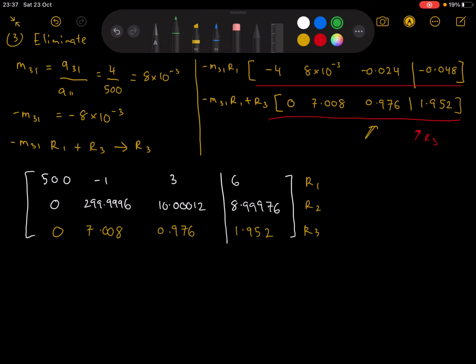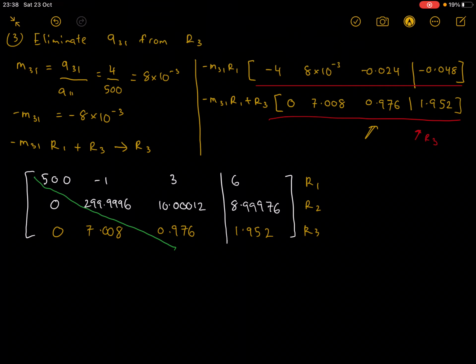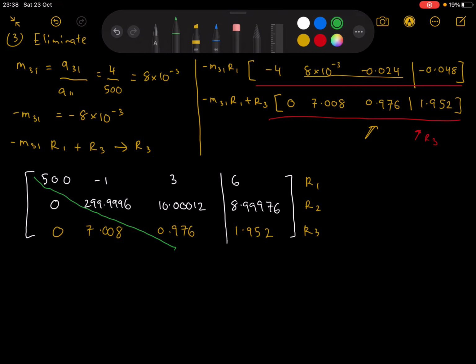So if I draw the diagonal line again, next we're going to eliminate this value here from row number 3, because we do row by row and then we move to column. Okay, so this one has already become 0, this one has already become 0.